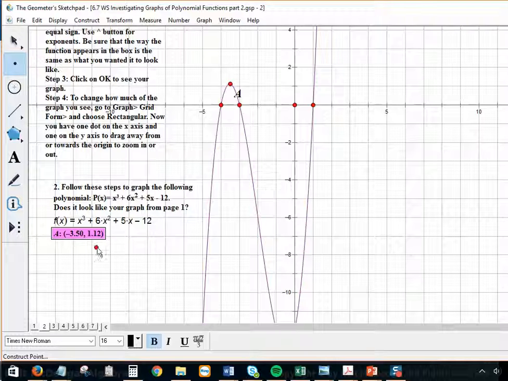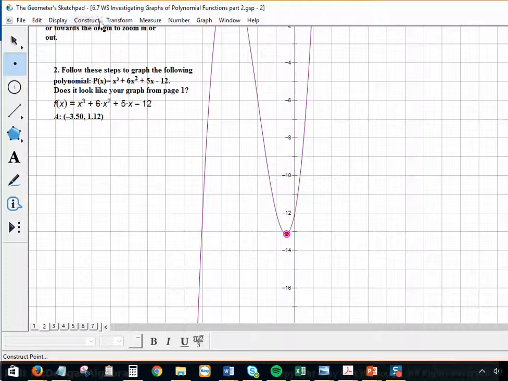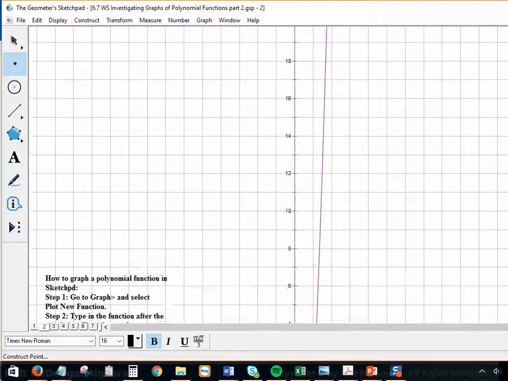And here's the coordinate of that point. And let's do one for the local minima, which is at about right there. Again, we can go to measure the coordinates of that point and find the approximate local minima coordinate.